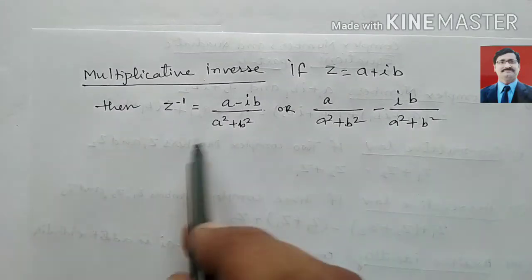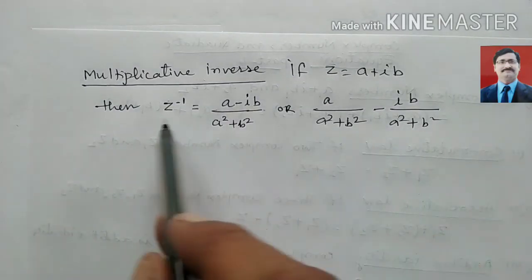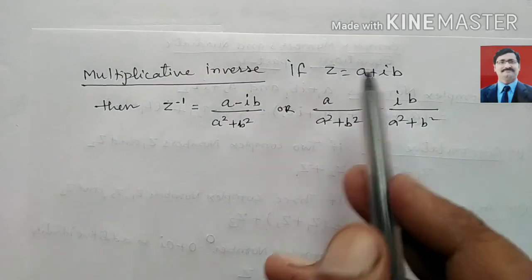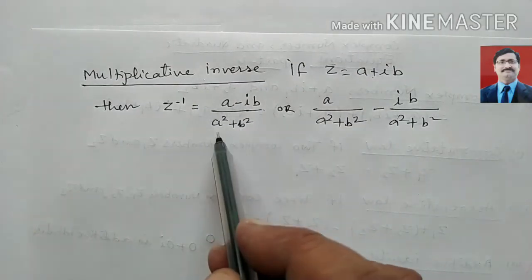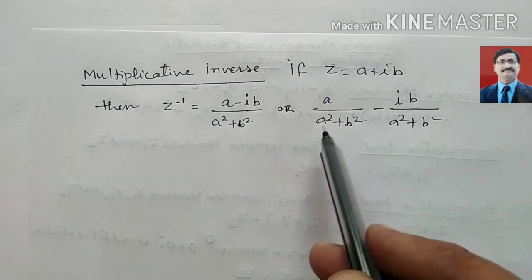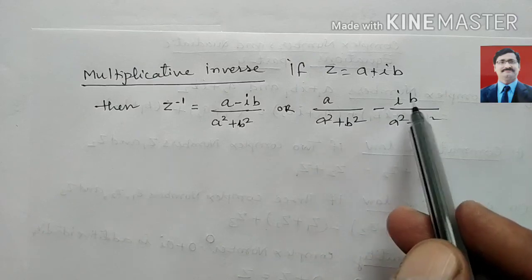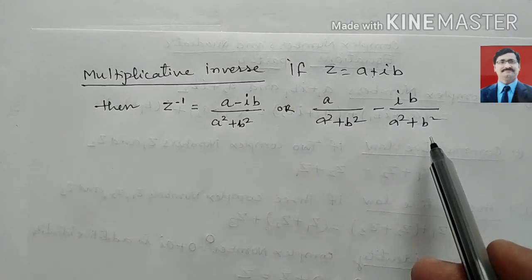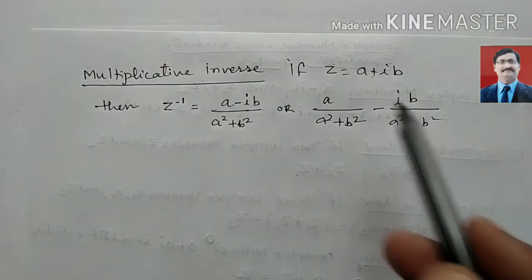You can write any one, that is the multiplicative inverse. Z inverse equal to, if plus sign then minus, A minus iota B upon A square plus B square, or you can write A upon A square plus B square minus iota B upon A square plus B square. This is called the multiplicative inverse.